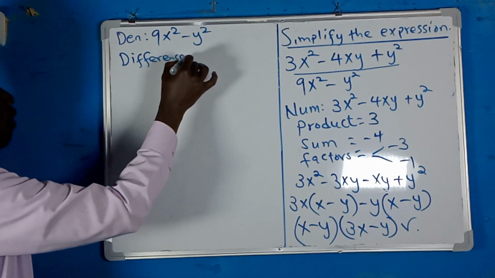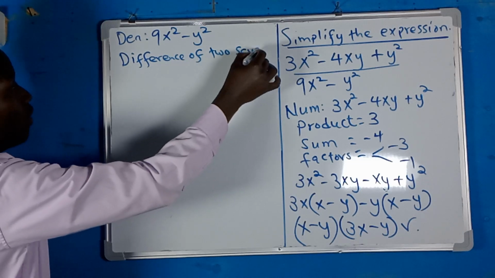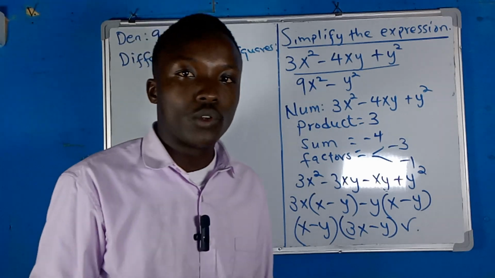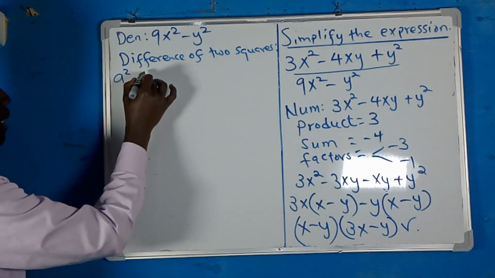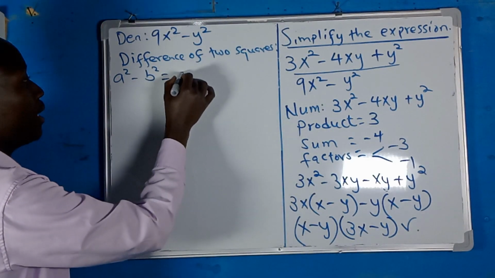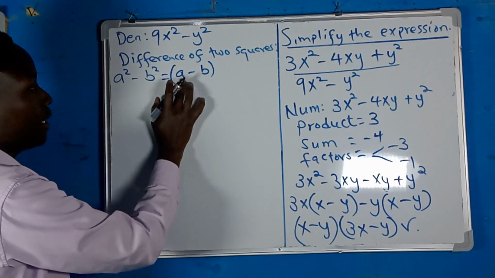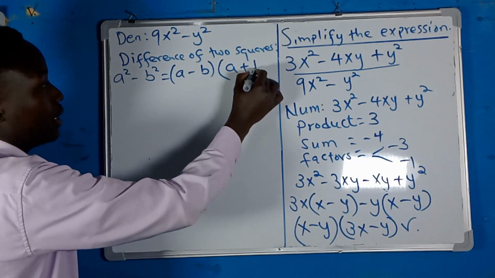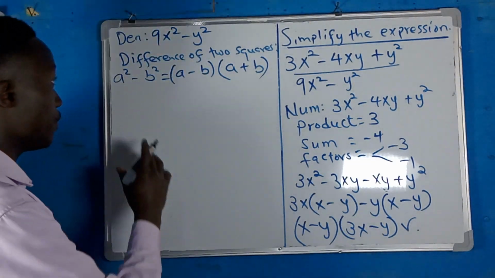A difference of two squares simply states that a squared minus b squared is the same as a minus b, where the square root of a squared is a and the square root of b squared is b, multiplied by its conjugate, that is a plus b. That is what we call a difference of two squares.